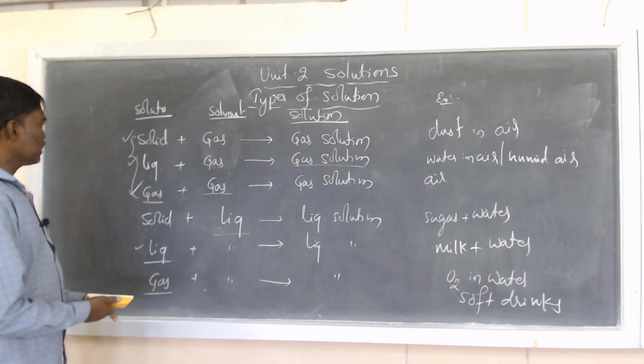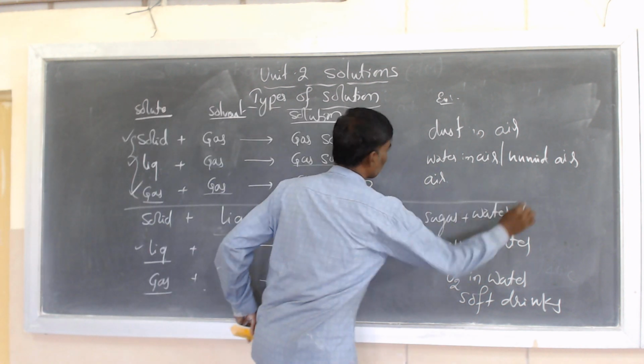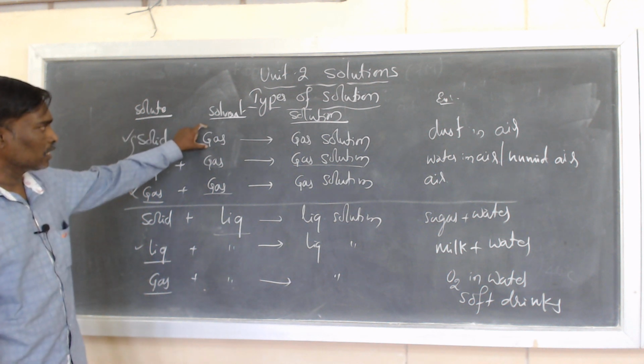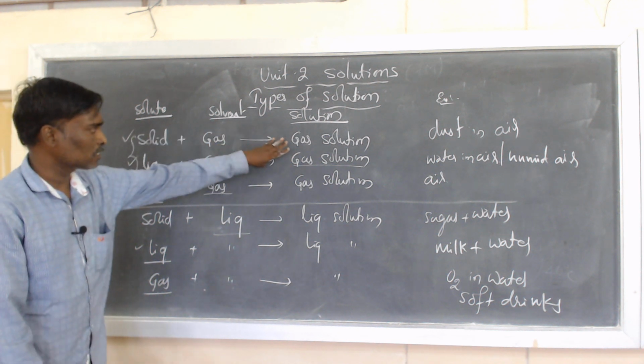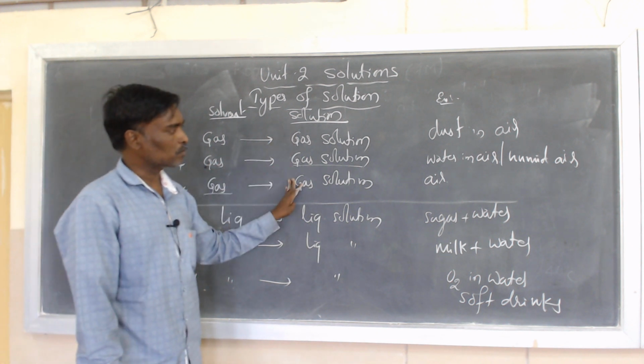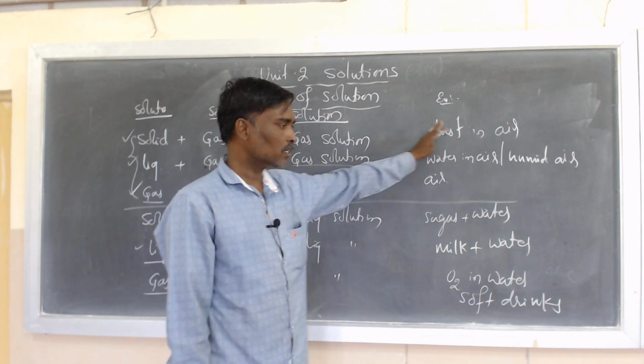Now, students, let me go with another type of solution. Let me repeat again: solid in gas, liquid in gas, and gas in gas, all these form gas solutions. For solid in gas, the best example is dusty air.